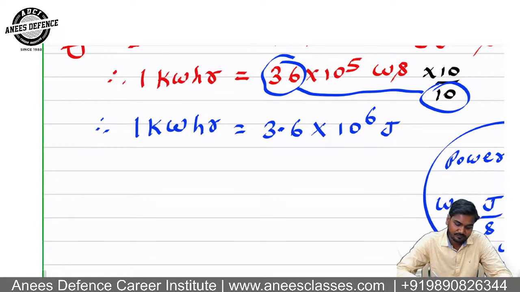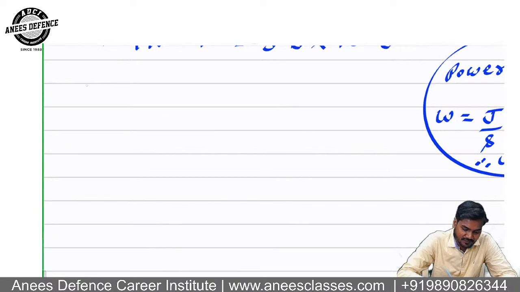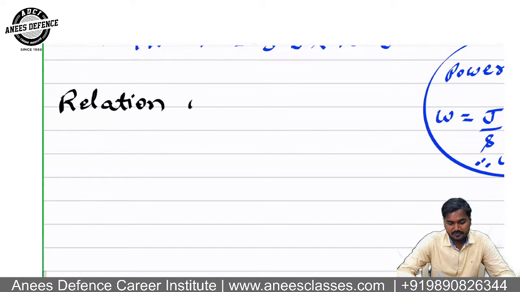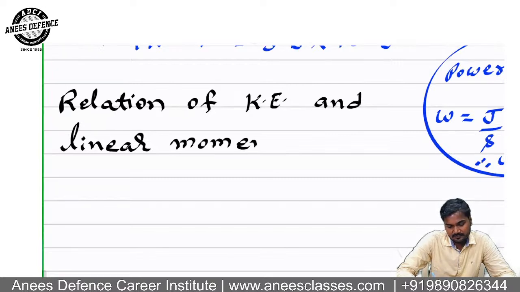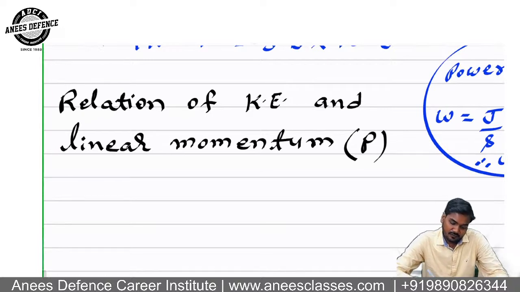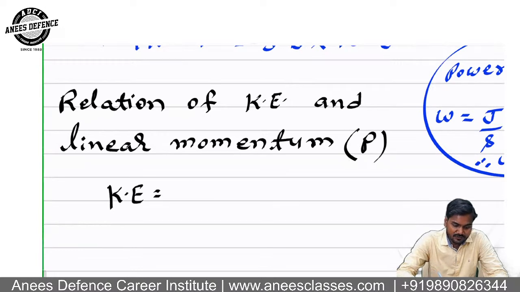Next one, relation of kinetic energy and linear momentum. The formula of kinetic energy is half mv square, right?